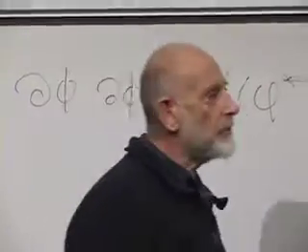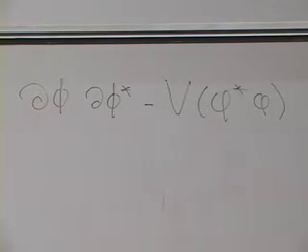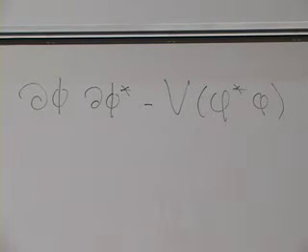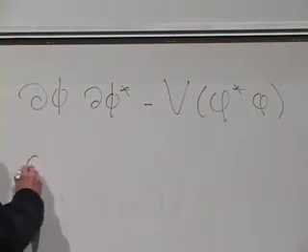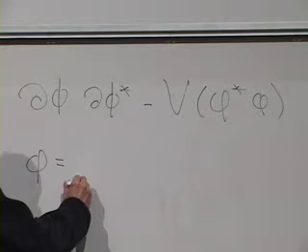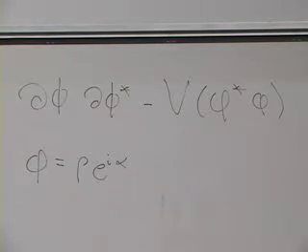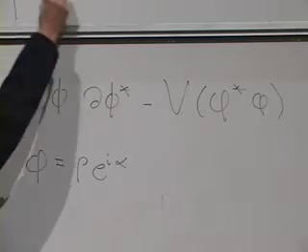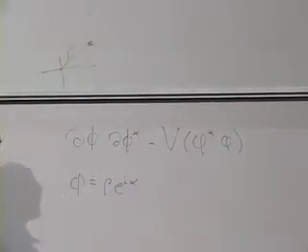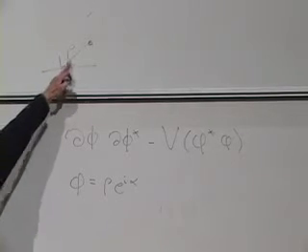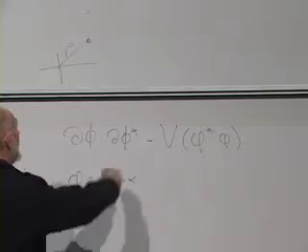And now let's represent the field in a new way, not by the real and imaginary part of the field, but let's write phi is equal to rho times e to the i alpha. What is alpha? Alpha is the angle on the complex plane. Rho is the radial value of the field, in other words, the magnitude of the field, and alpha is the angle.